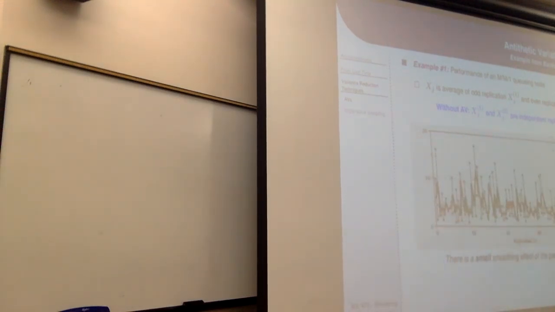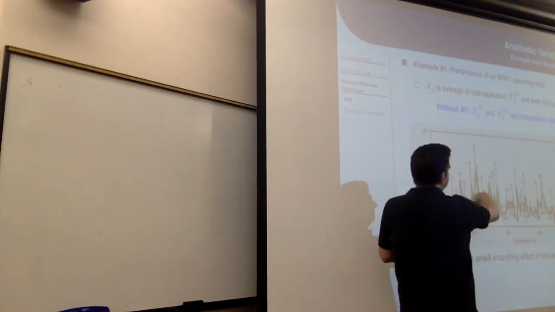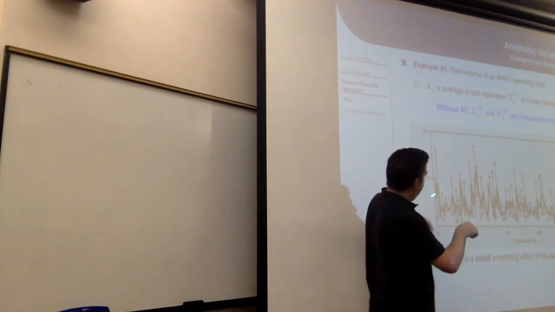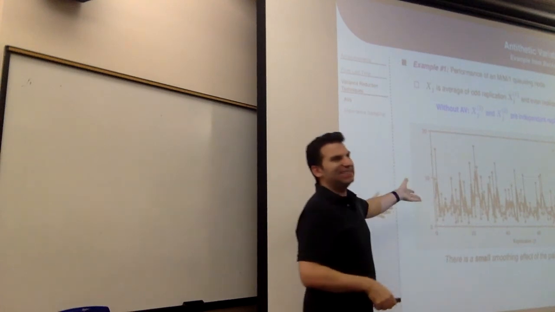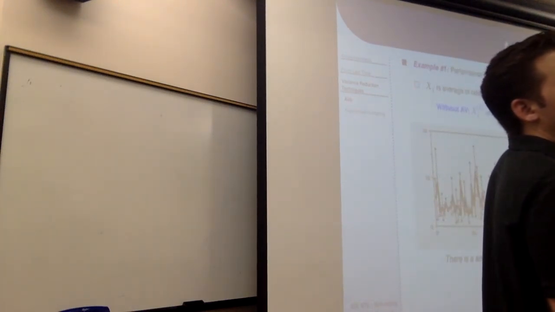Now, in this case, this is without the antithetic variates. This is your standard, everything's independent. And so you can see that when you take an average of adjacent replications, you don't get much decrease. The average is the dark bar. This average does fluctuate around the real mean, but it doesn't really reduce the variance that much from the independent replications.